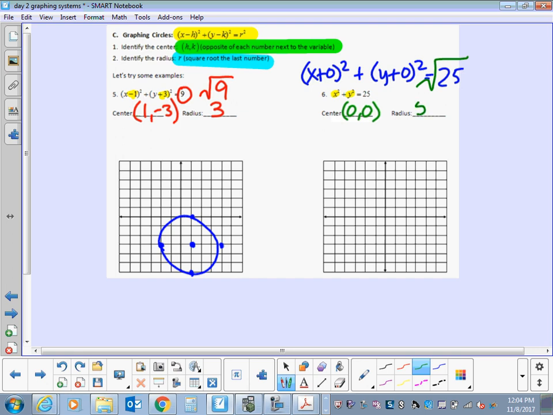It is 5. So let's start with our center, 0, 0. We're going to go 5 in every direction. I have a circle tool I'm going to start using because it makes my life easier to make the circle. You can just do your best.